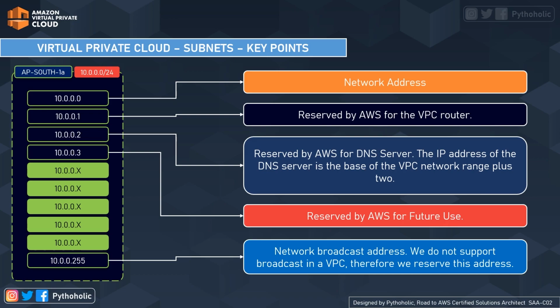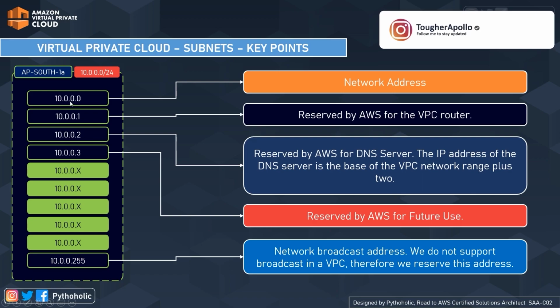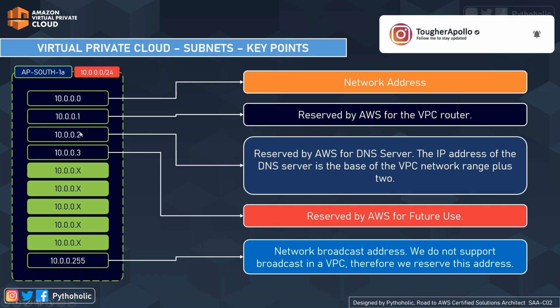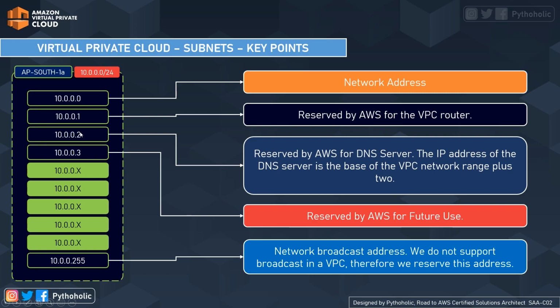What it means is that the base is at 10.0.0.0, then the DNS server will be plus 2, so it will be 10.0.0.2. Whenever you have the base, just add plus 2 to that and you will get the DNS server address.